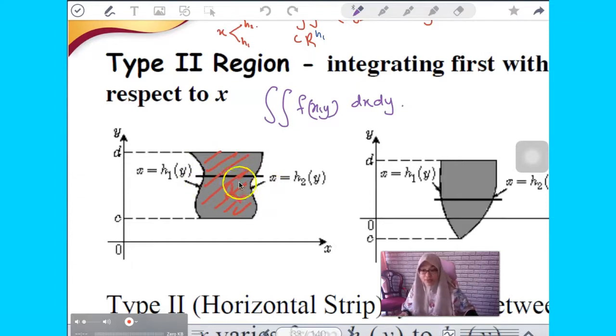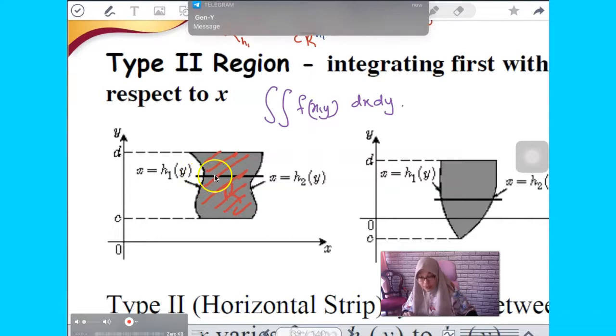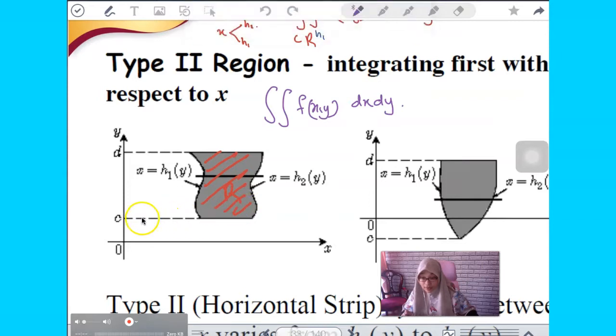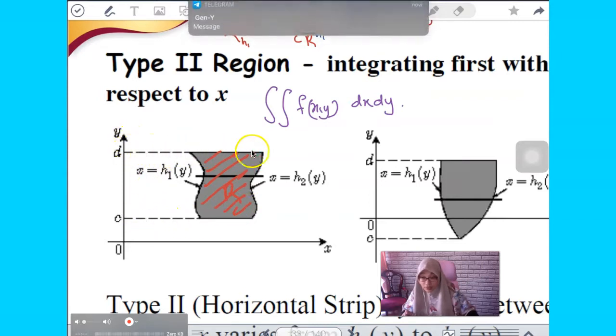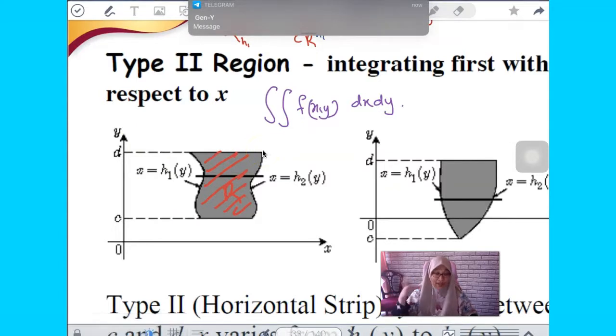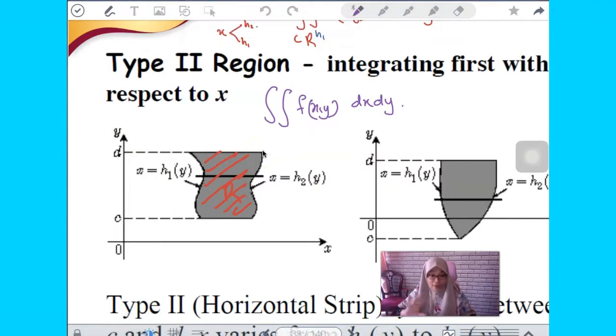Now based on this region, just focus on this line. This line is lying between the smallest value of y and the highest value of y, and you have to think that y is a constant, y equal to 1, y equal to 0, y equal to -1. You cannot have your y equal to any function. Y should be a constant now.